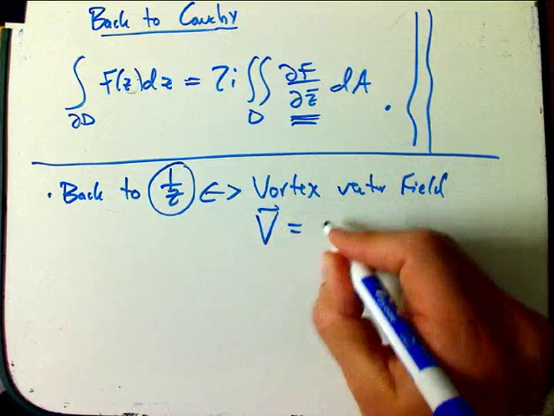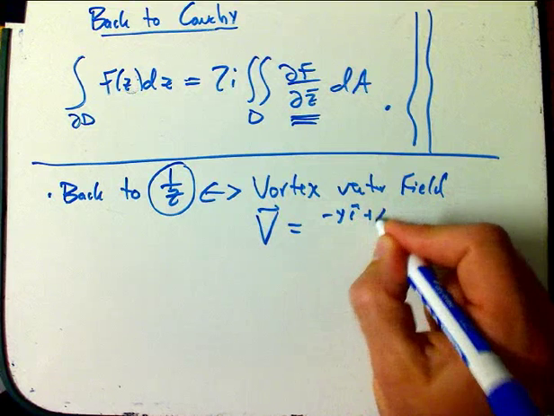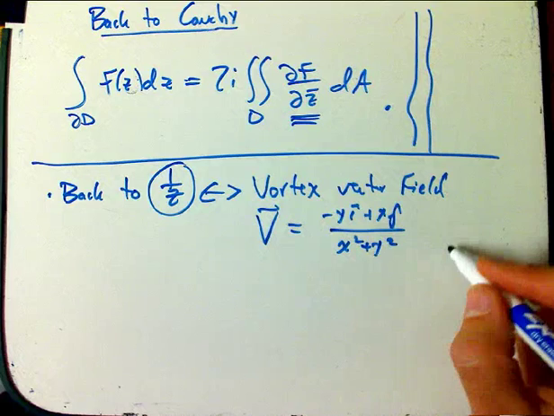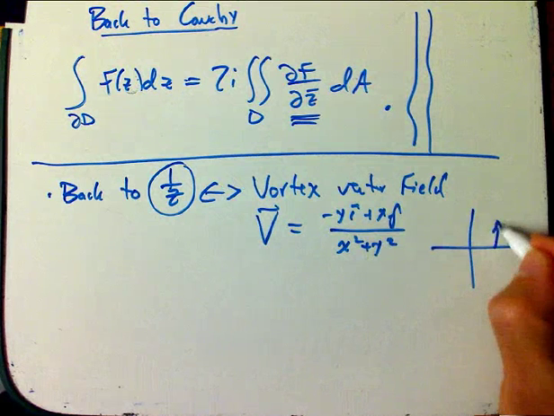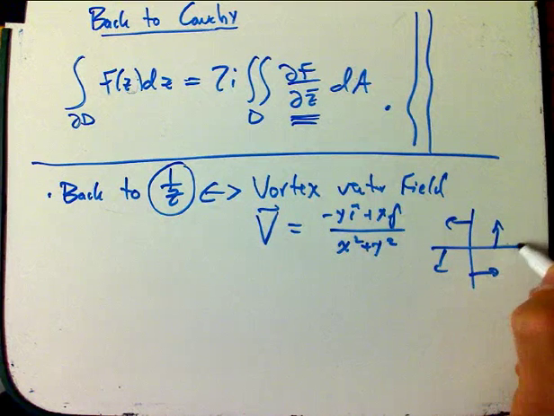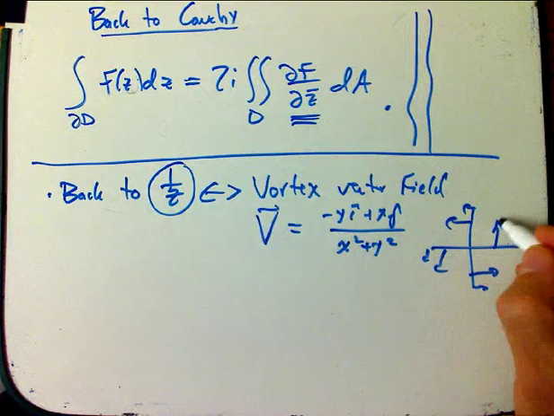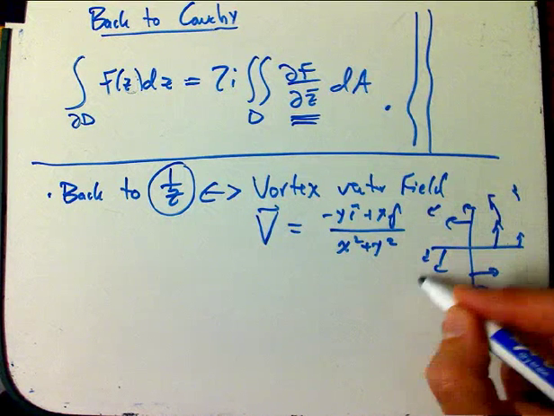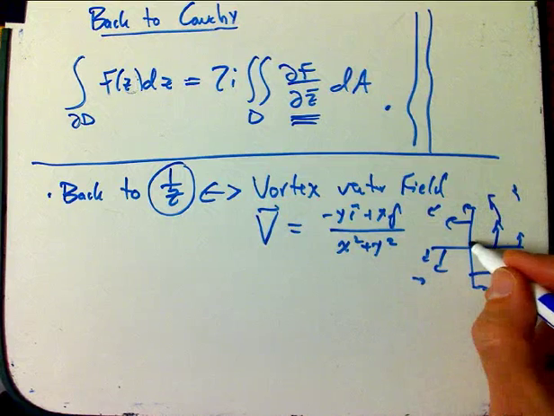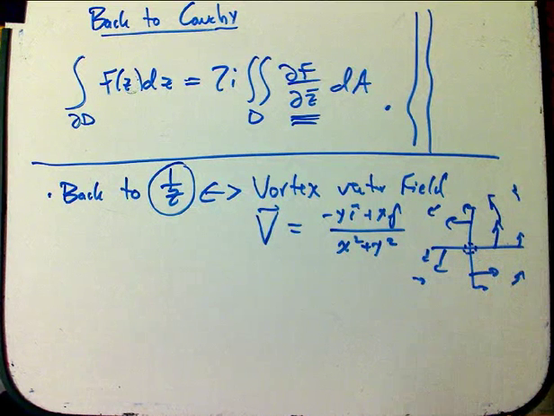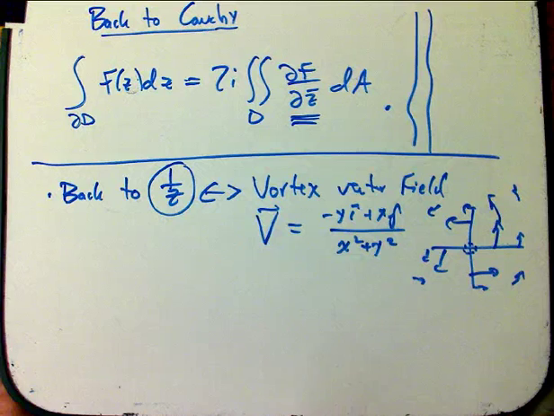Remember, that's v equals (minus y i plus x j) over x squared plus y squared. That's this vector field that has no curliness anywhere but at the origin. These arrows, even though they're turning around, are set up so that they don't turn a pinwheel anywhere, except right at the origin, where there's an infinitely concentrated bit of curliness. I want to make that a little more precise without being incredibly rigorous.